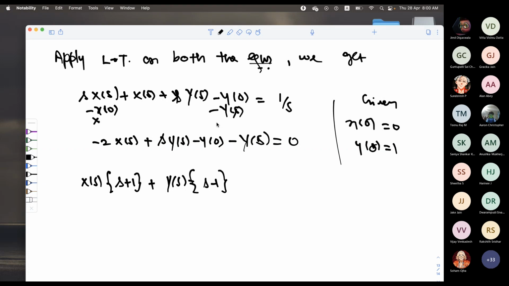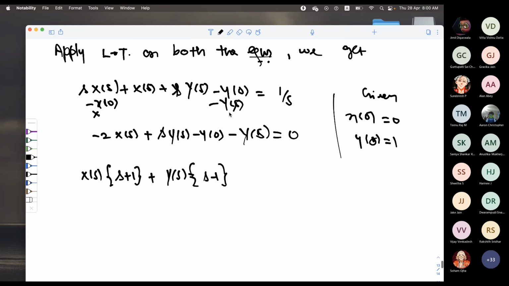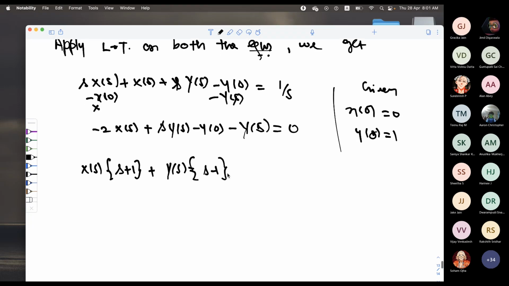Whether this 1 is coming, or any Y(s) or something will get cancelled? Sir, the minus 1 will also be there. Minus 1 also there.